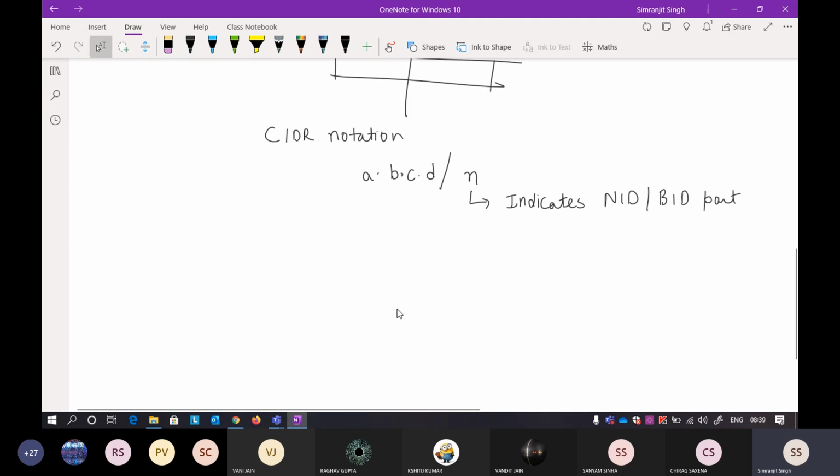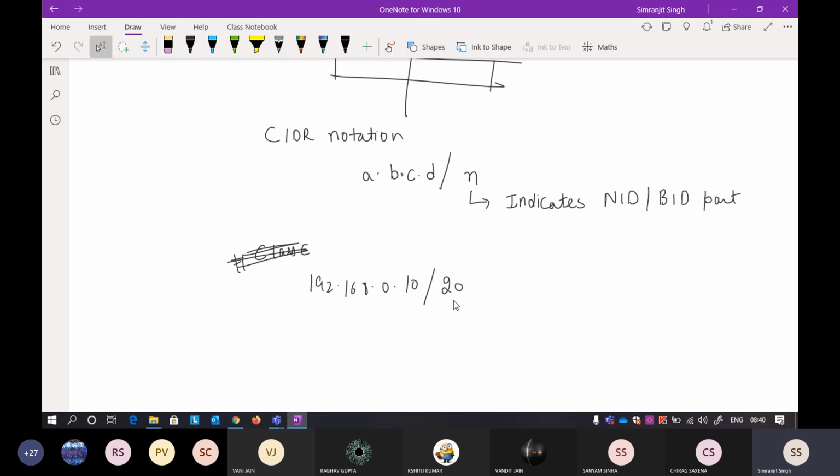Suppose this is an example of an IP address, and I'm not following any scheme: 192.168.0.10, and I'm writing /20 here. You might think this is a class C address, but completely forget about that approach.